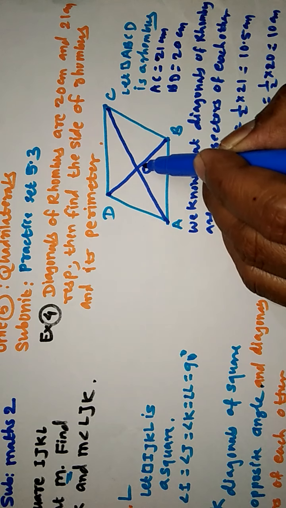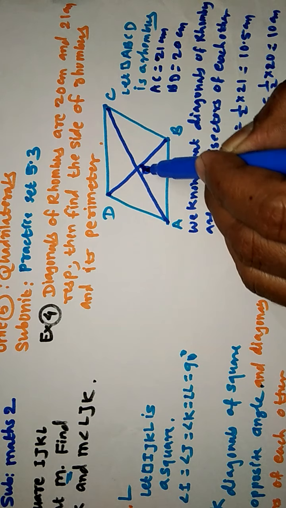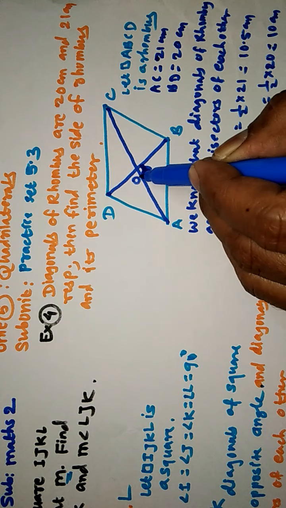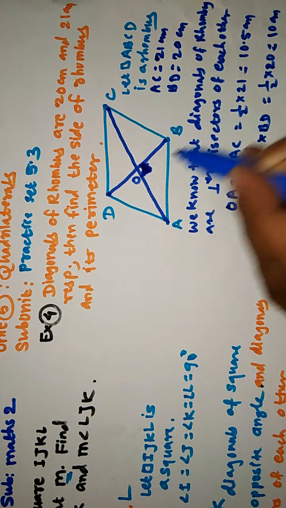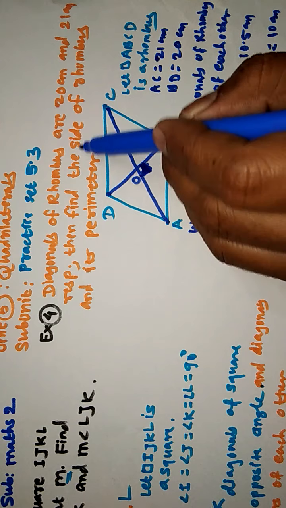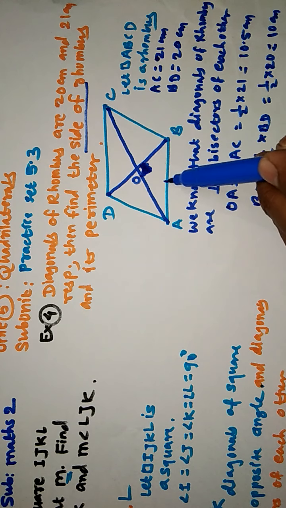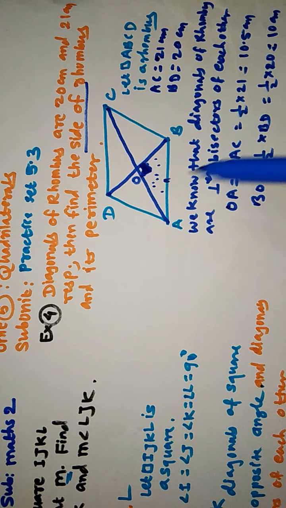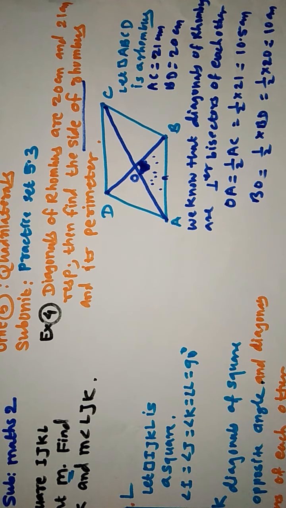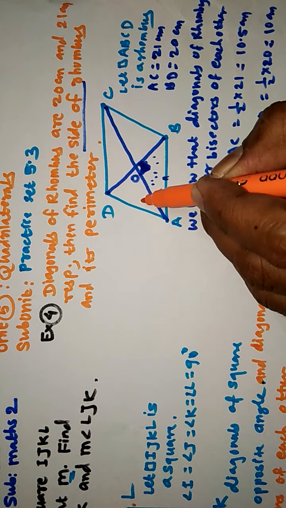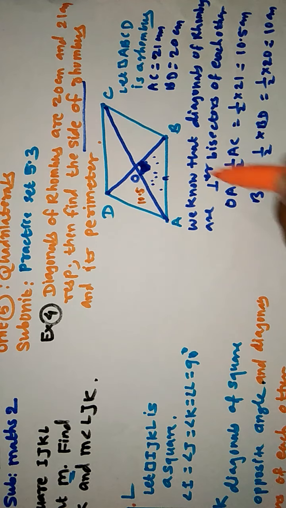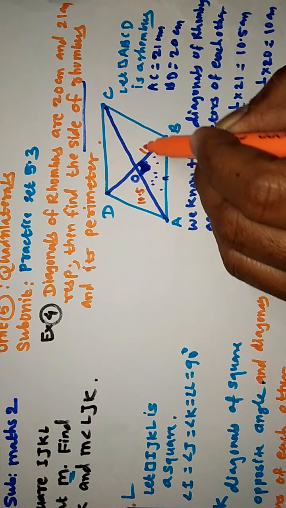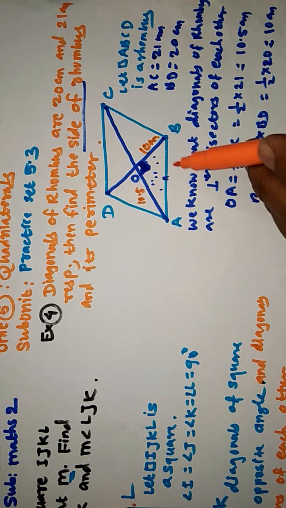Now here it makes a 90-degree angle, they intersect at right angle. Now, what is our aim? Find the side. How can we find the side AB? In this triangle, OA is 10.5 centimeter, BO is 10 centimeter, and this is a right angle.